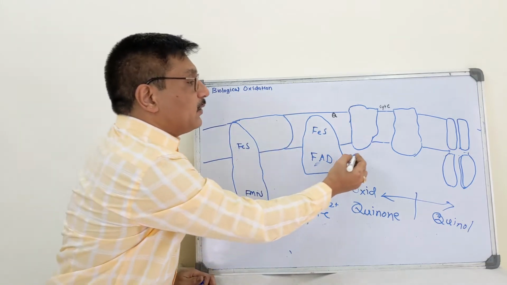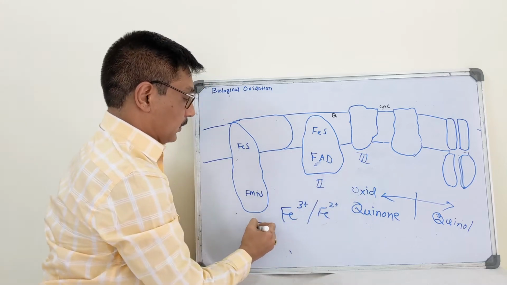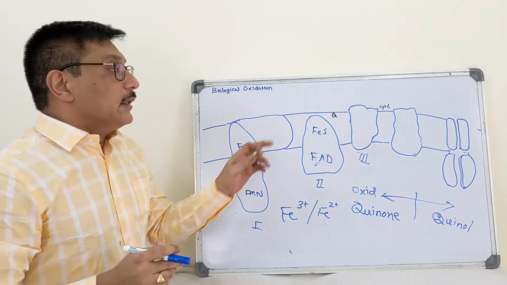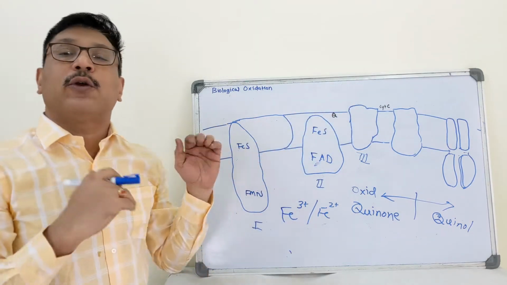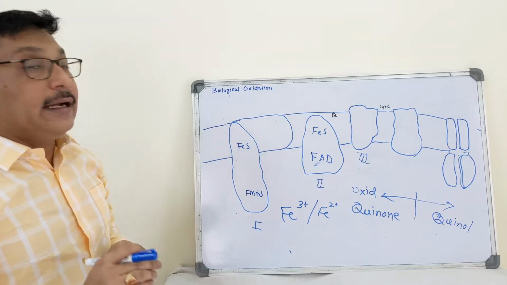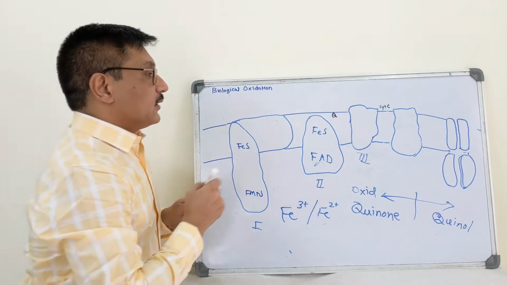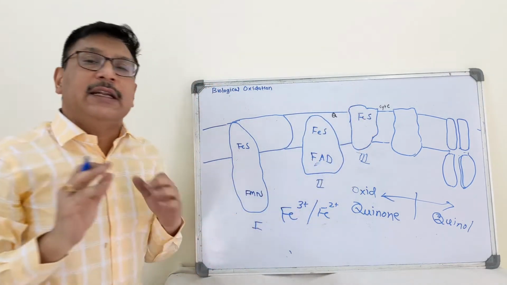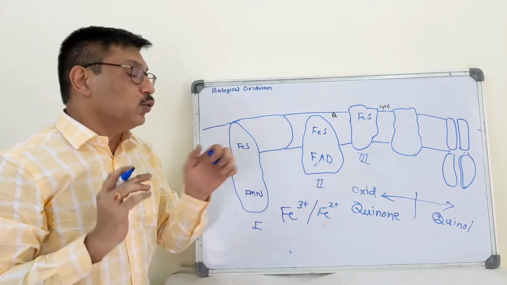Coming to complex 3, it is Q cytochrome C oxidoreductase, and it contains iron sulfur proteins. These are a little different from the iron sulfur proteins of complexes 1 and 2.